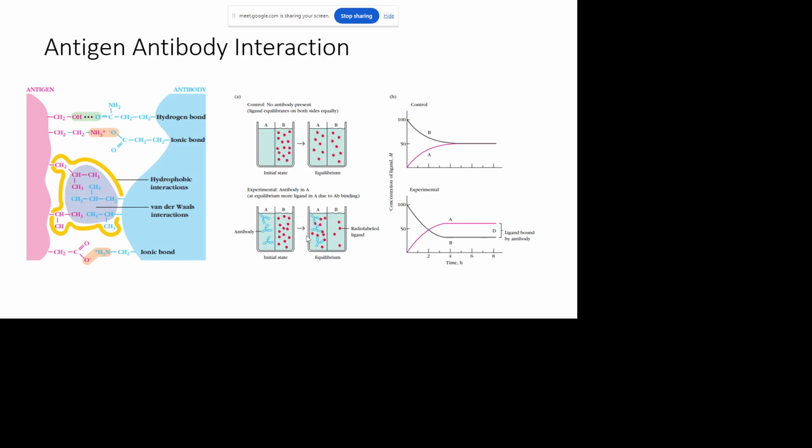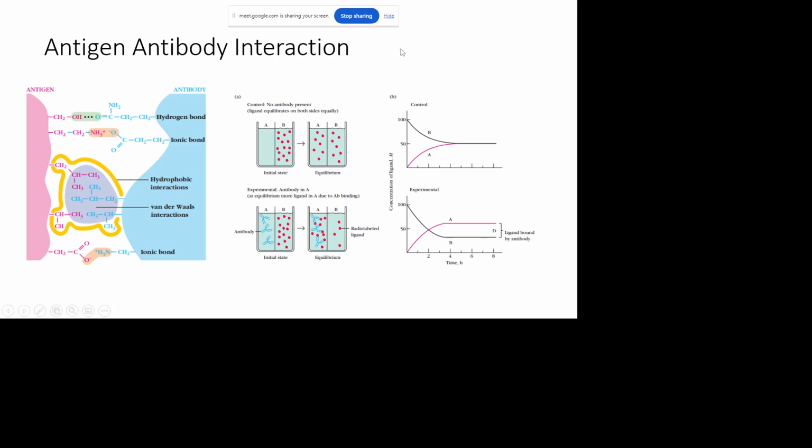So the total will be more in compartment A than compartment B. That difference is the concentration of the antigen which is bound by antibody. So that is the experiment to show this antigen antibody interaction and how to measure the antigens which are bound to the antibody.